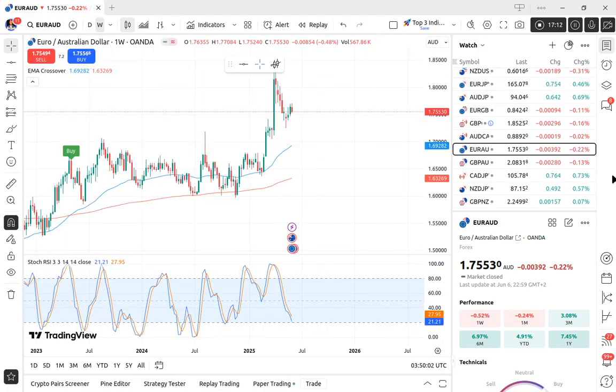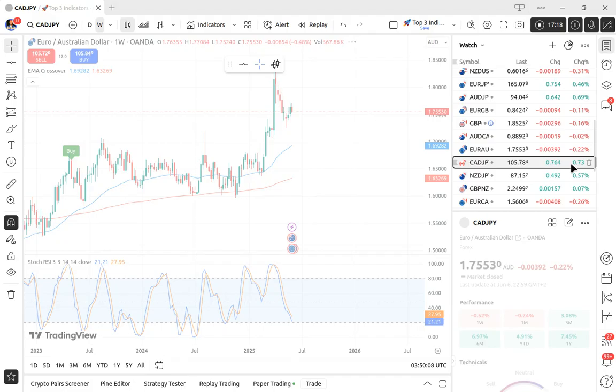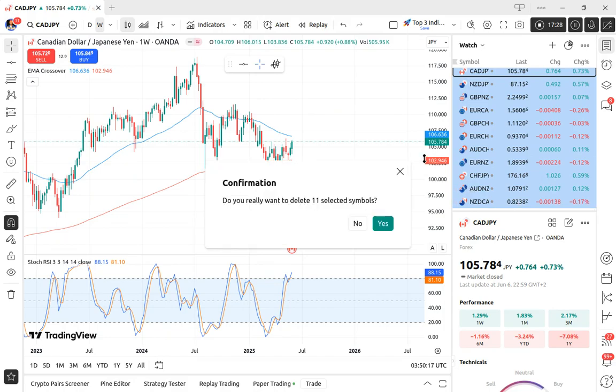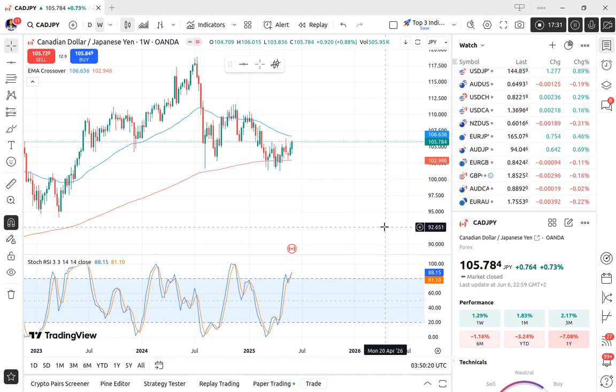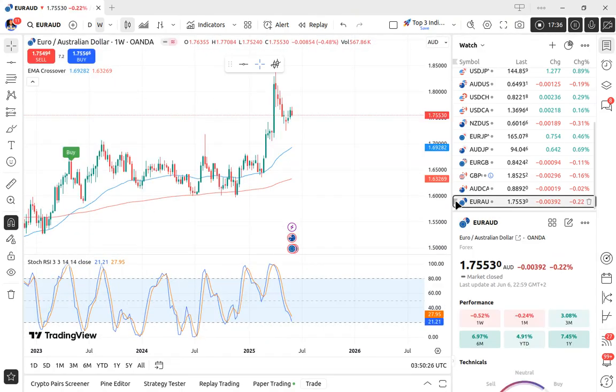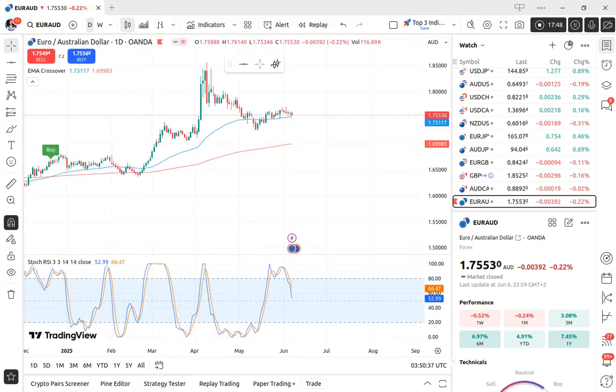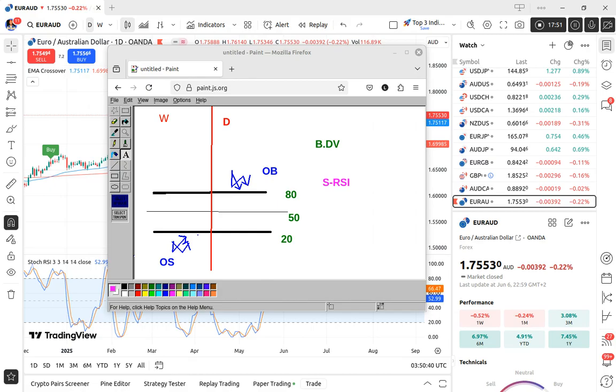This is a perfect example of buying in a range. As you can see, this is a range here, in the overbought range and then the oversold range. This is the strategy, as you can see on the screen.